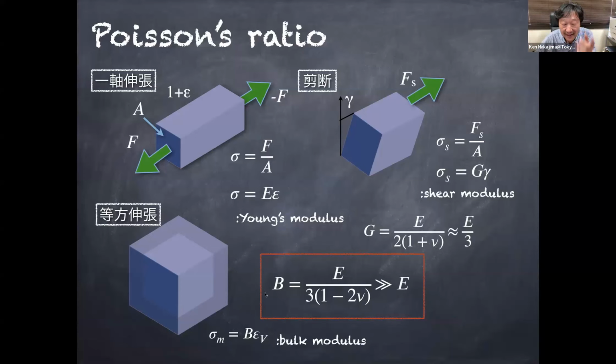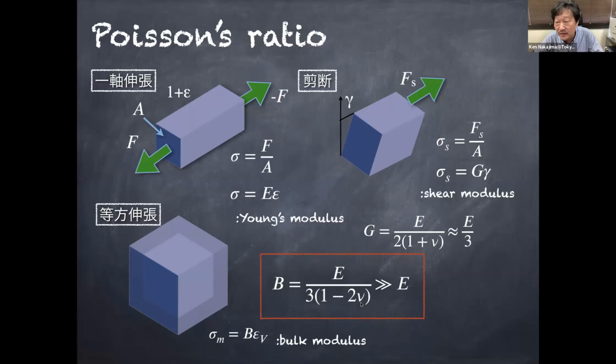But anyway, the proportional constant is called the bulk modulus. But here, there is a very interesting correlation between this bulk modulus and Young's modulus. Because the bulk modulus and Young's modulus have this relationship, try to input 0.5 into the Poisson's ratio, what's going to happen?